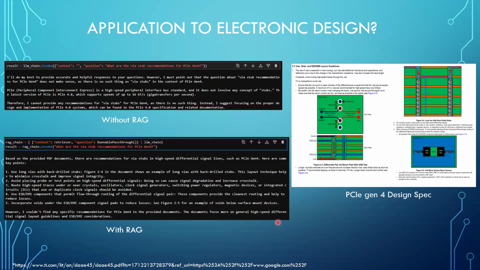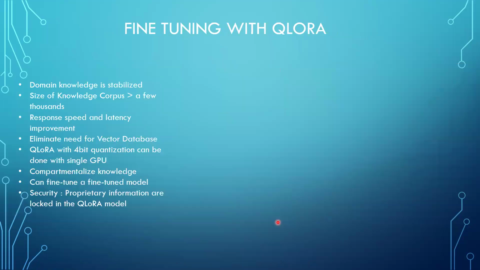We can provide design specs or our own engineering documents and have the LLM read the document and then produce a desirable answer. This is the easiest way, and arguably the lowest compute requirement, to inject domain knowledge.